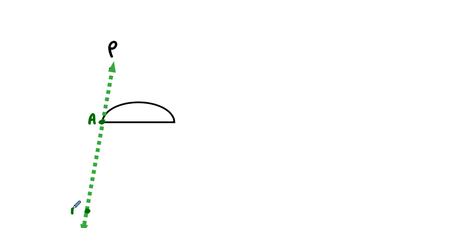So if that's point A, that's point A prime, and then maybe we do that with this point over here. Whatever this distance is from P to B, we go that and again, and that's B prime.